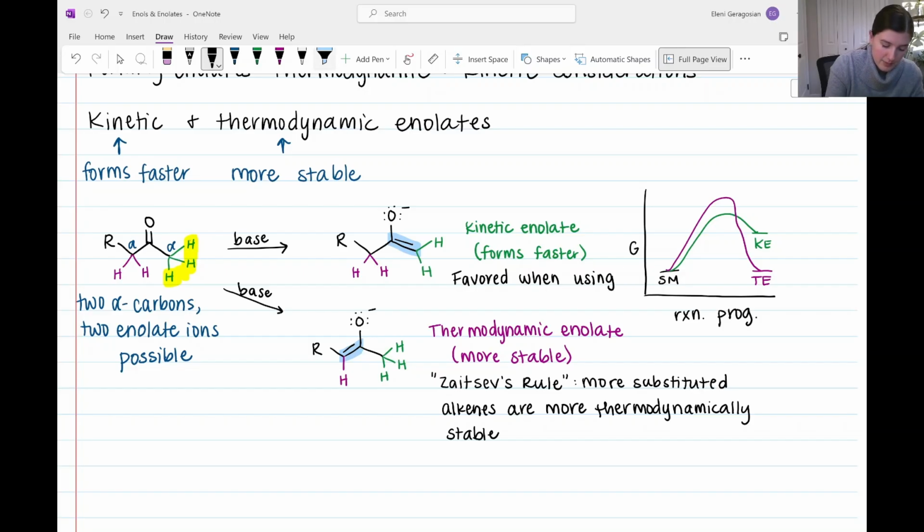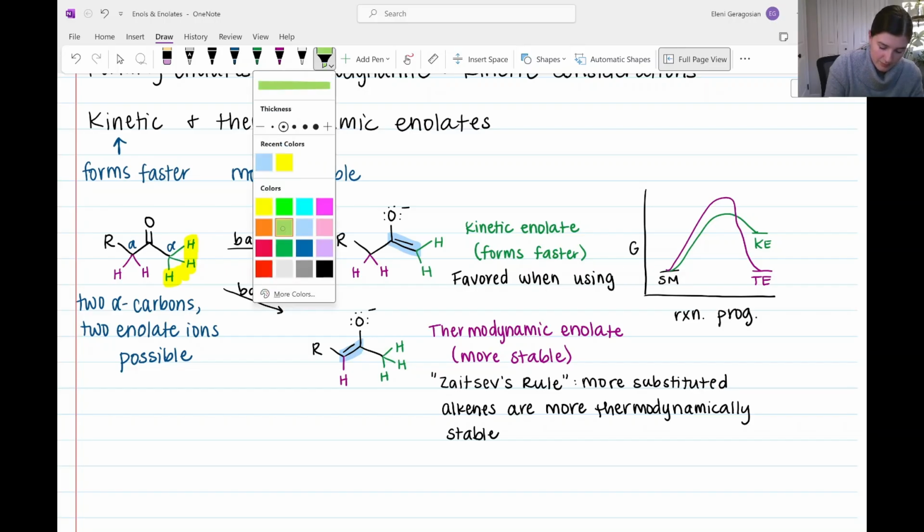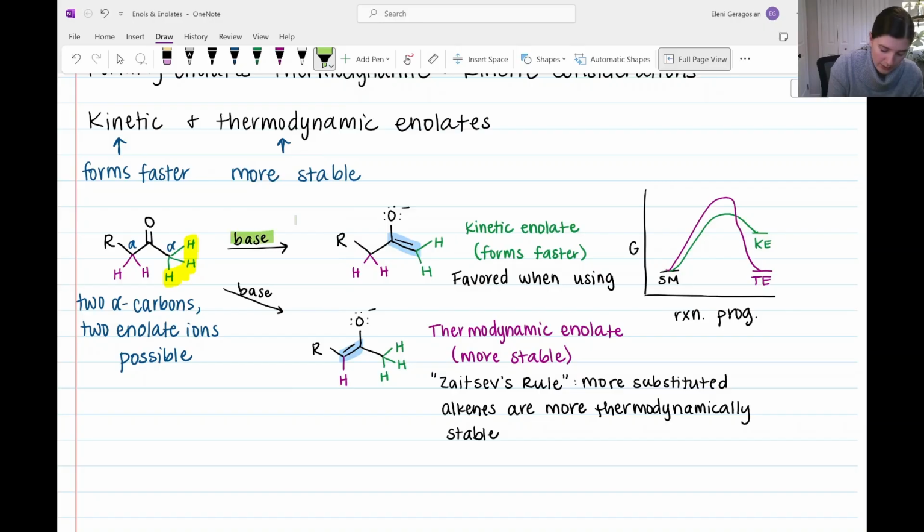when the base that's being added, so we add a base in both cases, is a large, bulky base. And then the thermodynamic enolate is favored when using a smaller base.